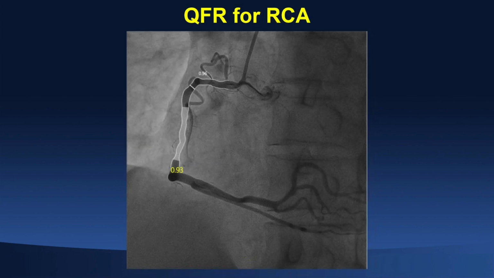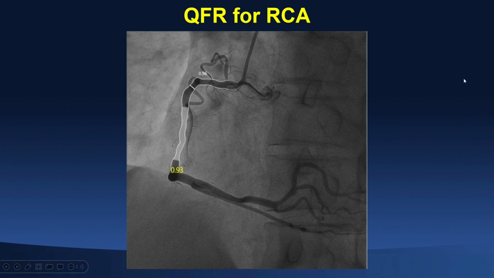As we know, although FFR has some disadvantages, such as the pressure wire is difficult to manage, a relatively long learning curve, and being limited by medicine for some patients, it is still the gold standard for physiological assessment.